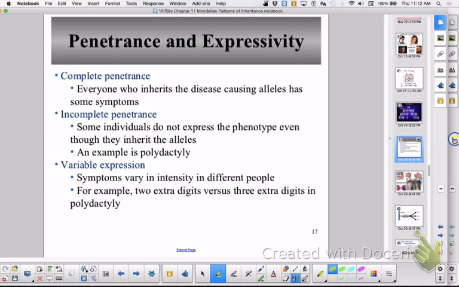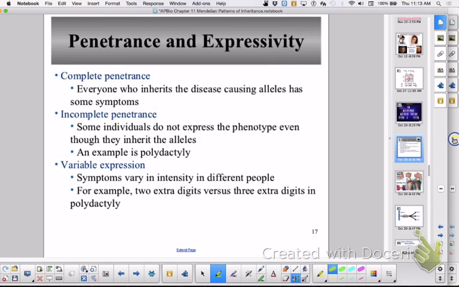All right, now let's look at another exception to our rule. What exceptions have we had so far? Multiple alleles, which can lend itself to co-dominance. And we had incomplete dominance. In order to have co-dominance as an option, you usually have multiple alleles, right?